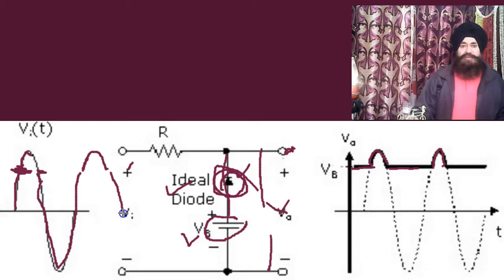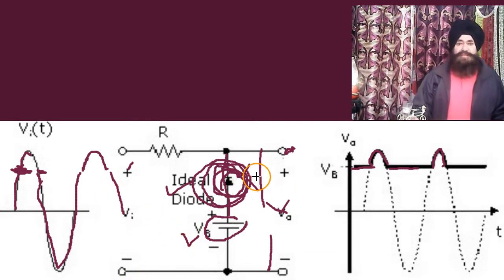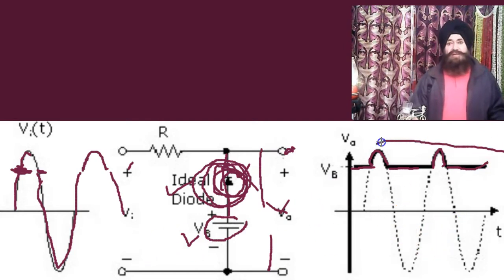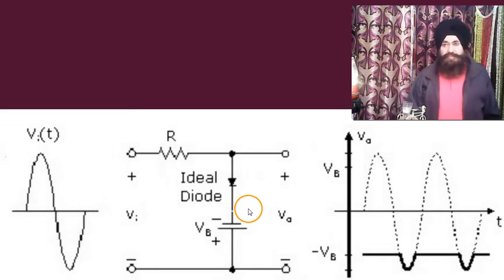And when it goes down, again this becomes forward biased, ideal diode. So at the output the voltage remains equal to Vp. So this is how it goes. We get the output of this shape. Now we come to this figure.